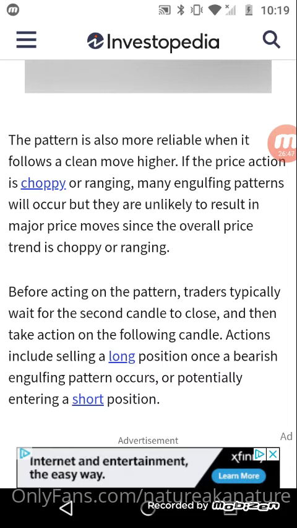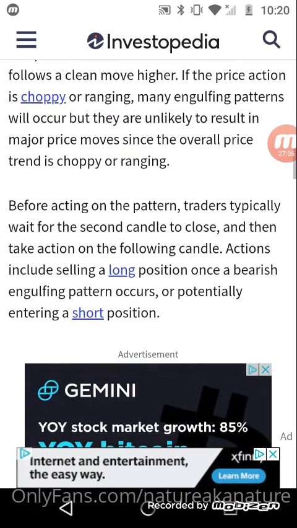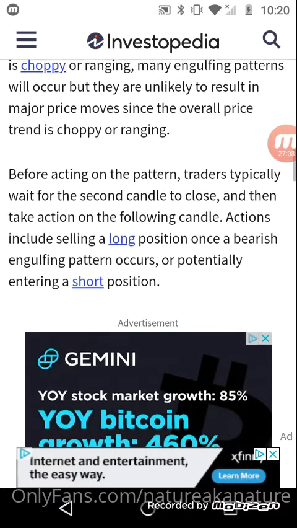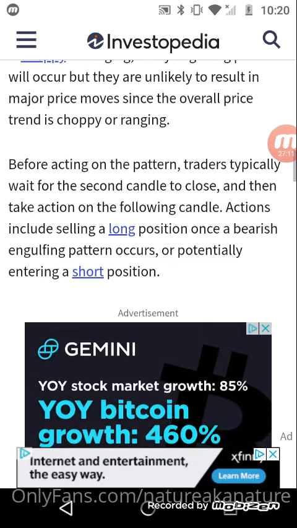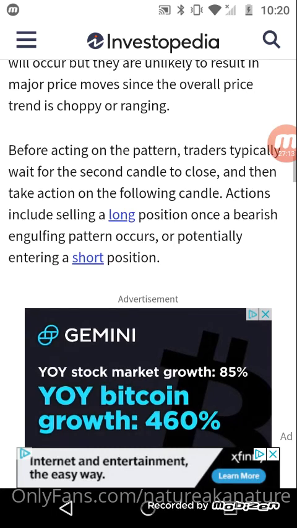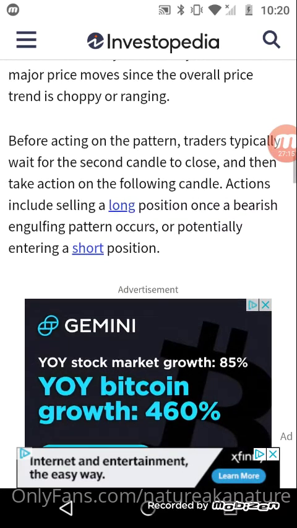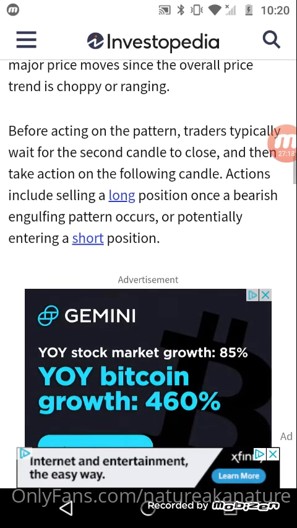Once we have that signal from a bearish engulfing pattern, meaning that sellers are engulfing the buyers, we will potentially enter for a short position, and our stop loss will be above the last high, and we can place it above the high of the two bar pattern.